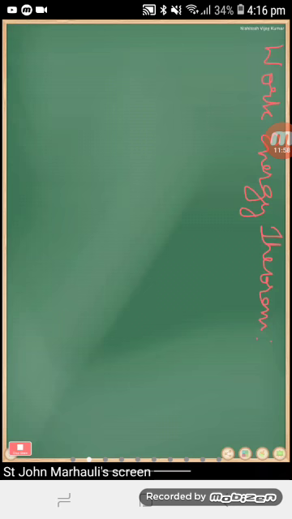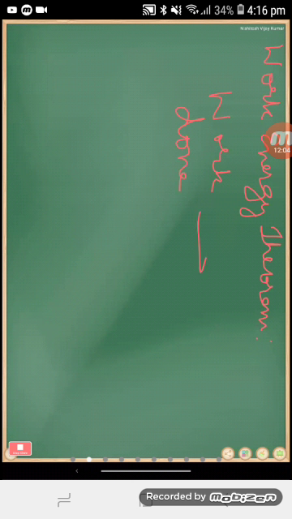It simply means that work done by a force on a moving body is equal to increase in kinetic energy.